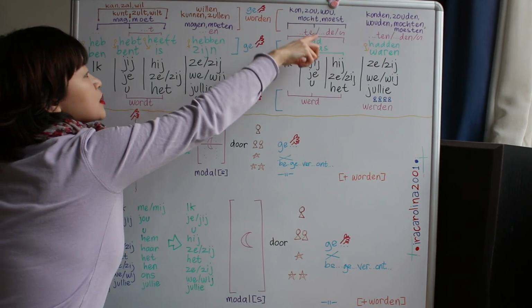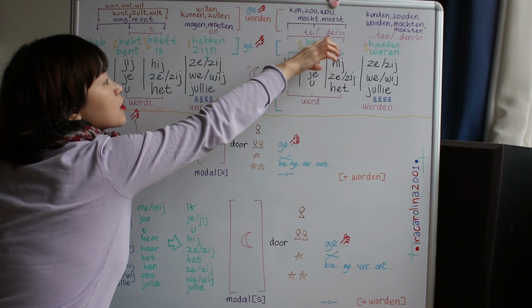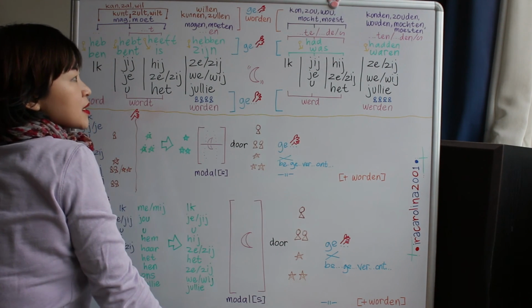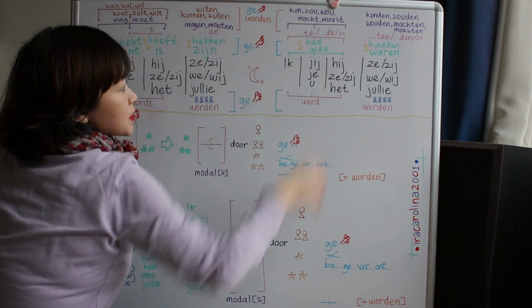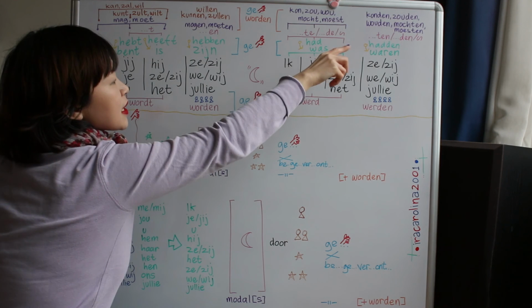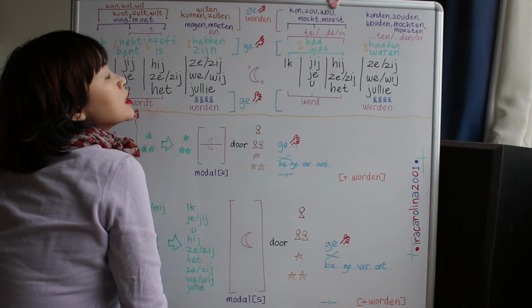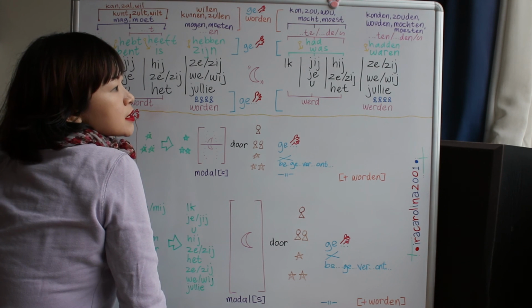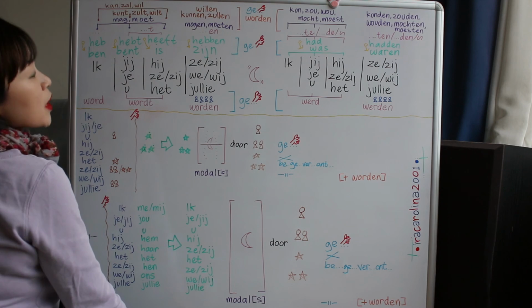So the t or the d, something with de, or onregelmatig. And for subject that is more than one, ten, or something with den. And the onregelmatig, the no rules one, the one that you have to remember.